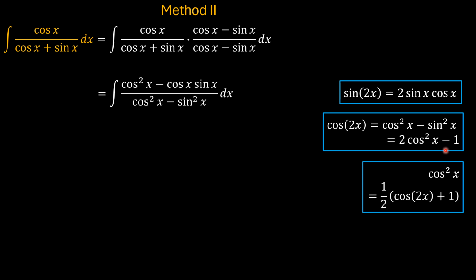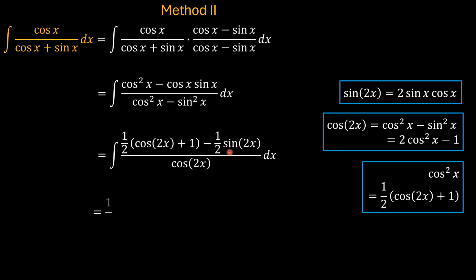So using these three relationships, we can now go ahead and re-express our fraction as half cosine 2x plus 1 minus a half sine 2x, all over cosine 2x. So we can pull the half out, and we have cosine 2x minus sine 2x plus 1 over cosine 2x.